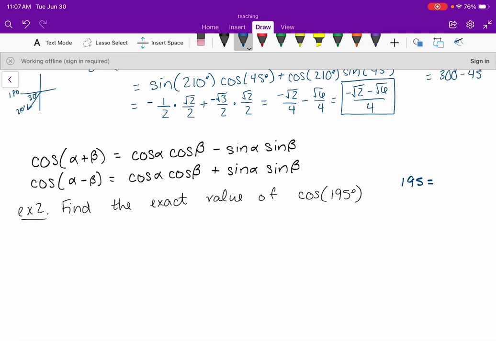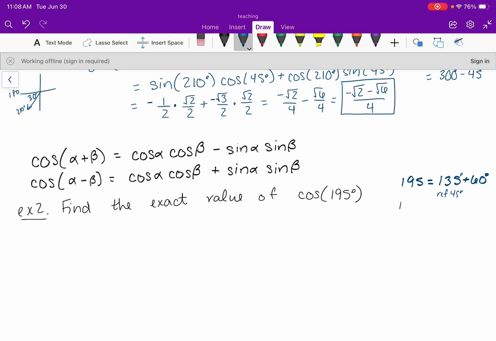Usually, if it's bigger than 30, 45, or 60, I'm probably going to add, but you could also subtract. I will do one where we have to subtract in a minute. 195, I know I could do 135 plus 60. That would work because 135 has a reference of 45.